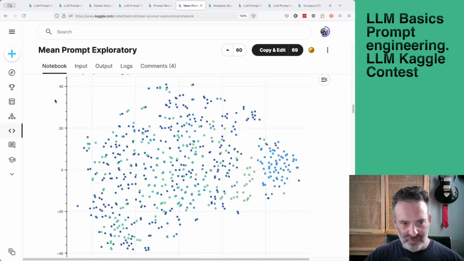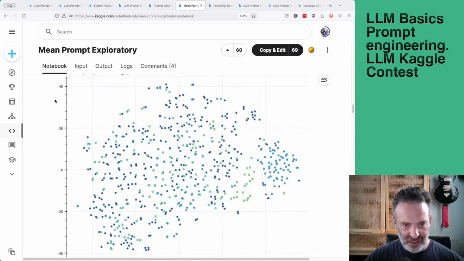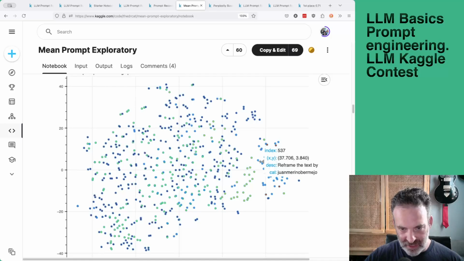He color coded it by the data sets that he got it from, and it's interesting to see the groupings of these data sets way out here. So if we go to transform the narrative, this should be pretty close to it. Reframe the text, reframe, transform, similar, reconstruct the text.